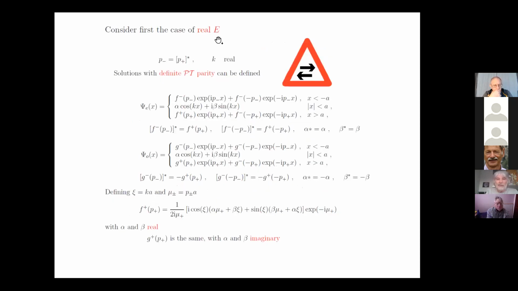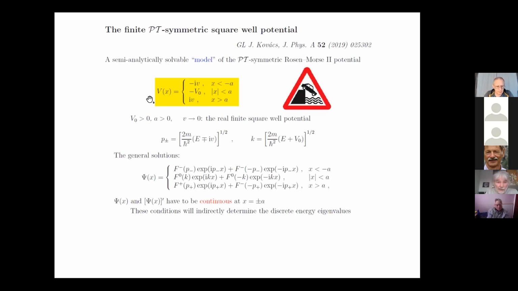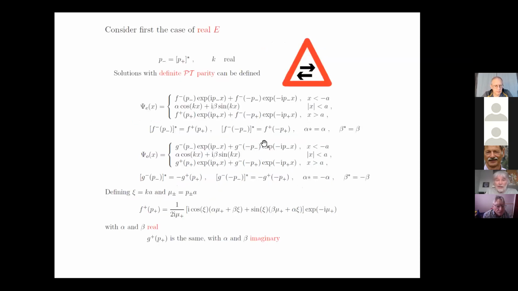So consider first real energy eigenvalues. In that case, the P plus and P minus quantities, let me remind you that they are these quantities, they will be used widely in the following. So these quantities appear in all these formulas, and the PT even and PT odd solutions can be constructed.